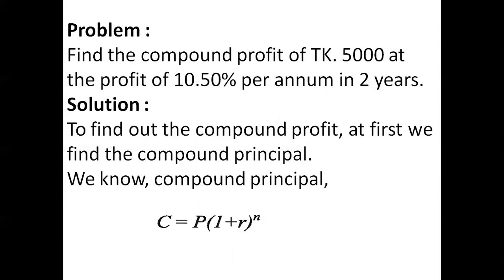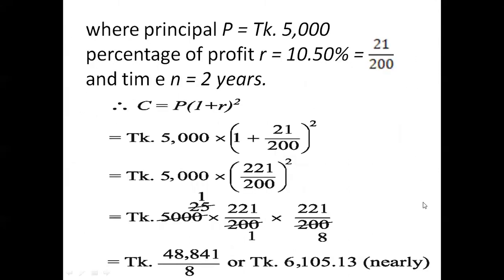So first of all, we have to find the compound principal, and we know compound principal C equal to P into 1 plus R to the power n. For this math, the principal P equal to 5,000 taka, percentage of profit R equal to 10.50%. After calculating this, we get 21 divided by 200 and time n equal to 2 years.